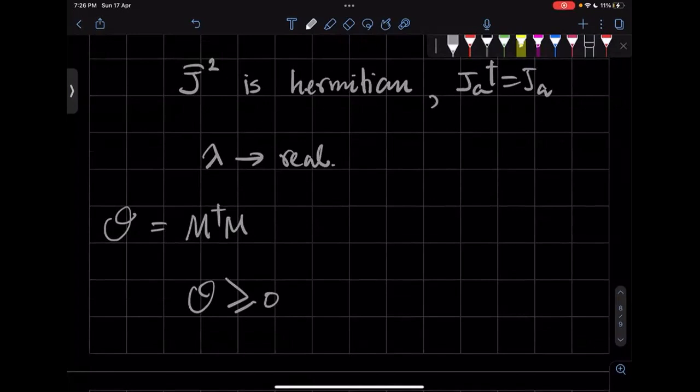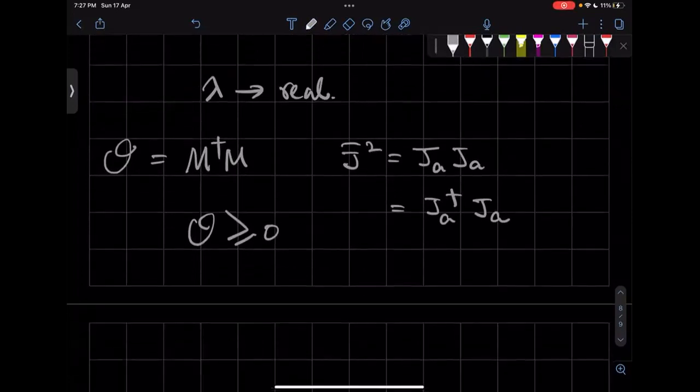Right, and in this case, J squared is J_A J_A. Of course, J is Hermitian, so we can write it like that, right? Okay, so this is very easy to prove.